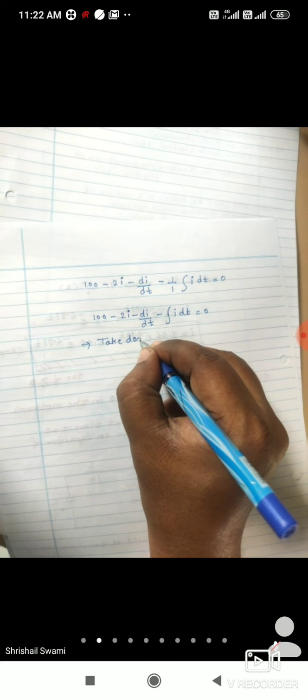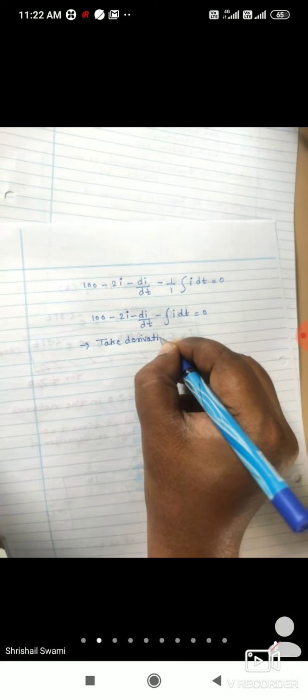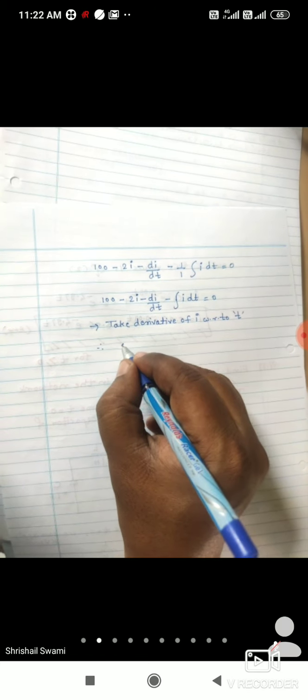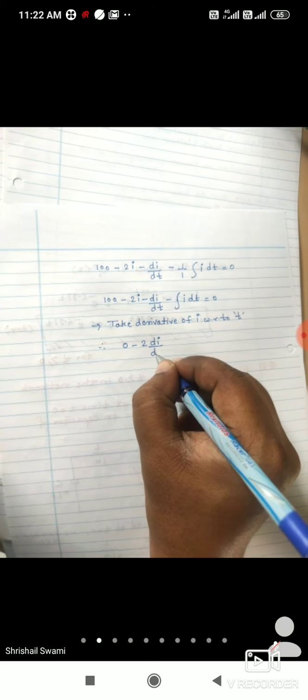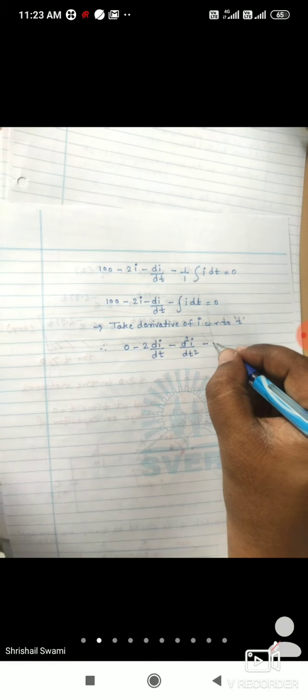Take derivative of I with respect to t. So derivative of 100 is 0, minus 2 into di by dt. Next minus d square I divided by dt square. Next integration and derivation will get cancelled, only I is equal to 0.